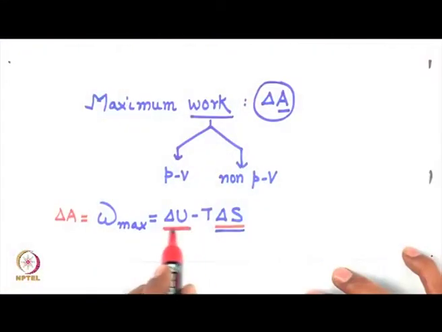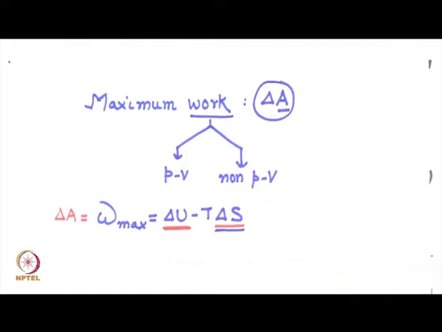Here lies the answer: all the change in internal energy is not freely available. Part of it has been used in the form of heat to increase the entropy of the surroundings. Therefore, only a part of the change in delta U is freely available for doing work. That is the origin of the word free energy.